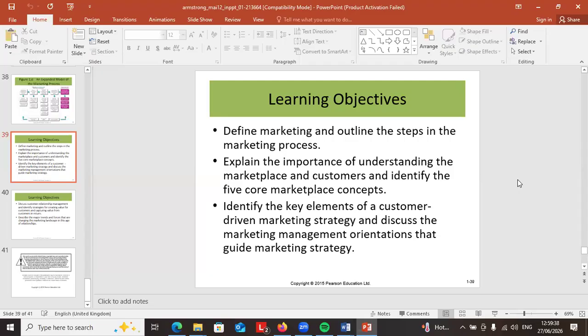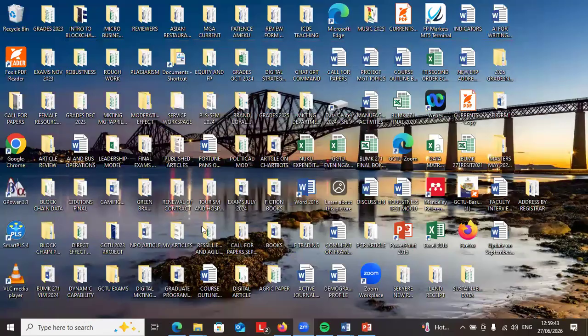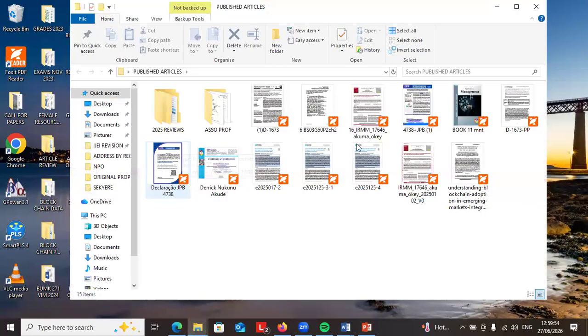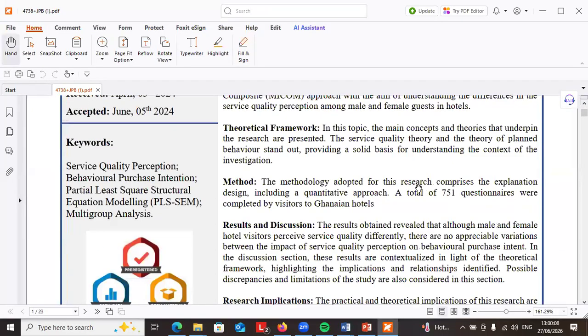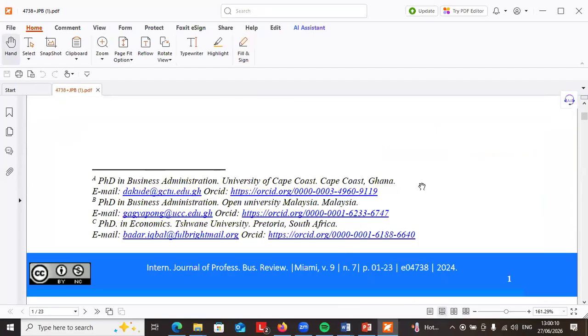And so for me, let me see if I can share. Where's my published articles? There's this research article I worked on, and in that article, I proposed a different definition of a service.